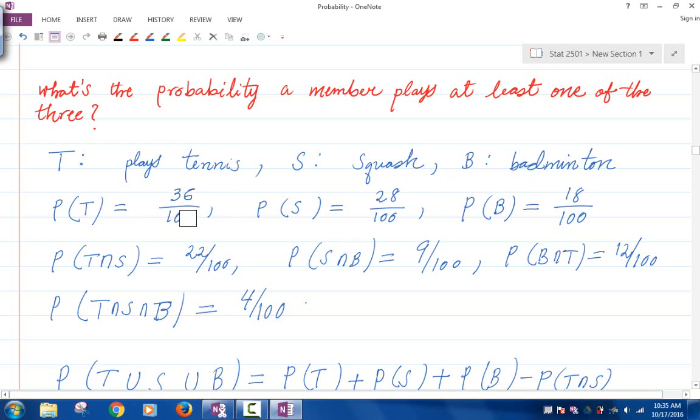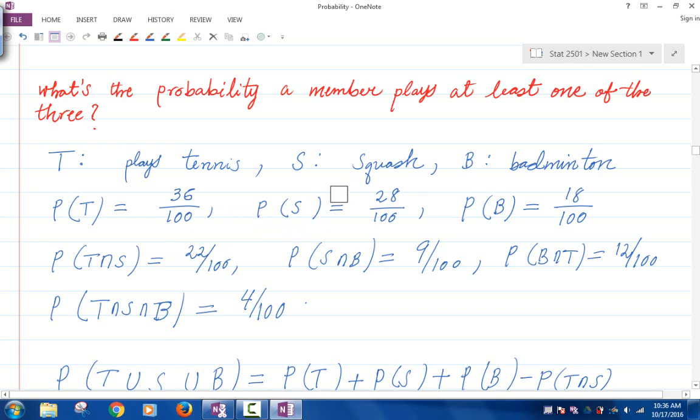Okay, so then what's the probability that a member plays tennis? Well, the probability that a member plays tennis is the same as the number of members who play tennis divided by the total number of members. Okay, so which would be 36 over 100. What's the probability of S?